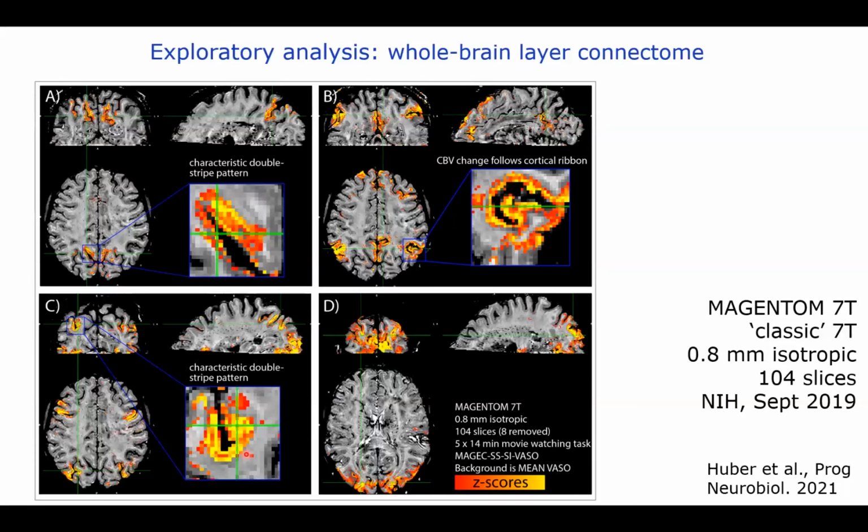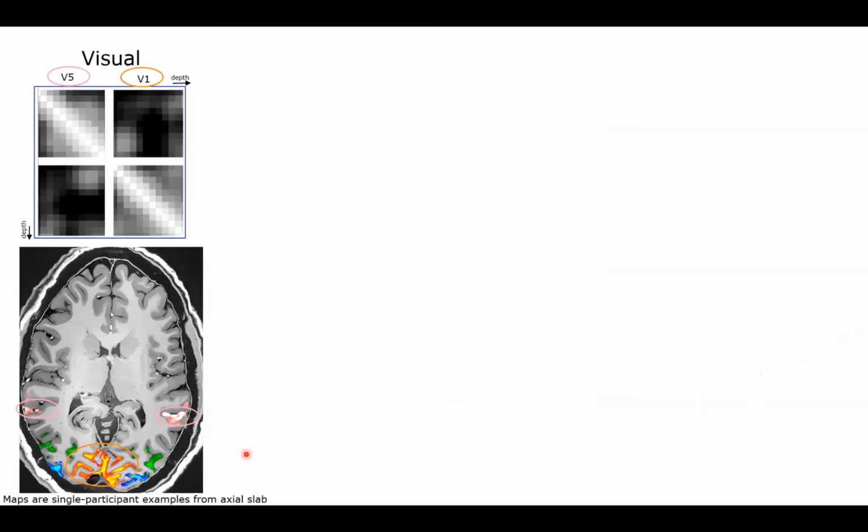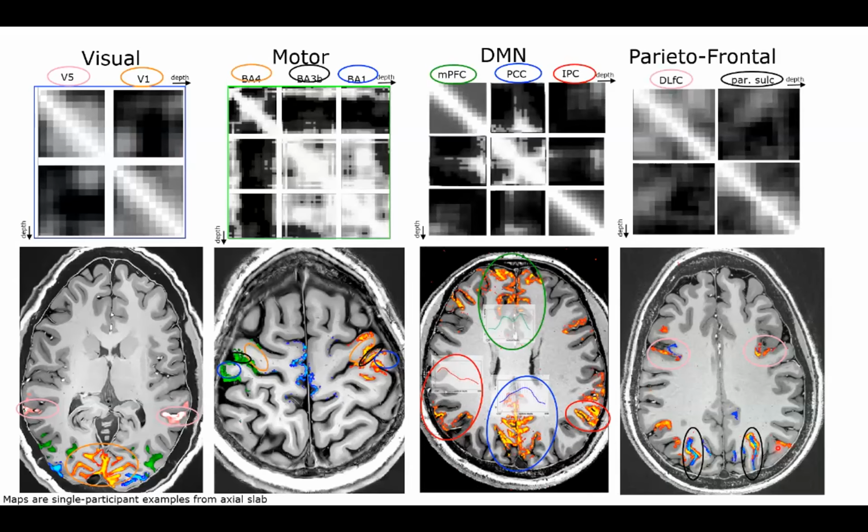If you go into specific networks, we can clearly see layer-dependent interactions of different regions in the system. For instance, in the visual area, for V5 and V1 the strongest correlations are in the superficial and also deeper depths. You can extend it to different networks of the brain, which gives a way to achieve whole brain scale connectome patterns.